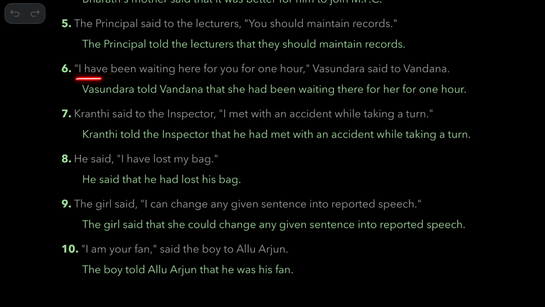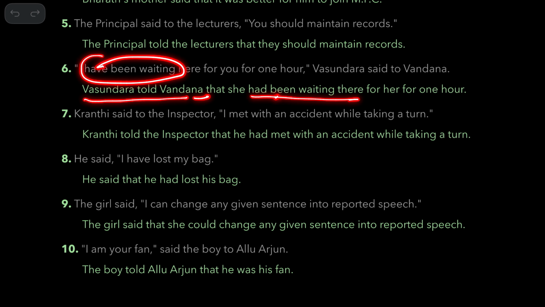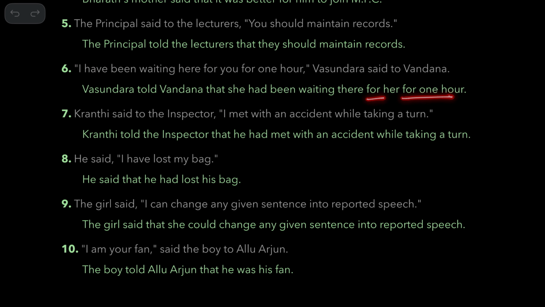"I have been waiting here for you for 1 hour." Vasundhara said to Vandana, so told. Vasundhara told Vandana that she had been waiting there for her for 1 hour. Have been changes to had been. Kranti said to the inspector, "I met with an accident while taking a turn."